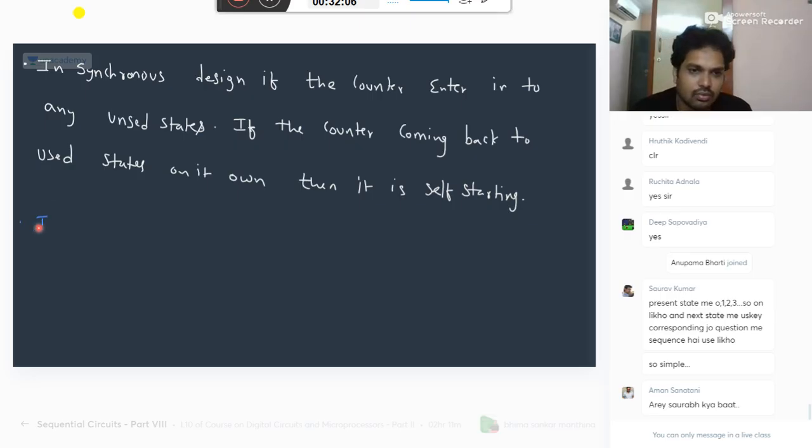If it is rotating in unused states only, then it is called lockout problem.